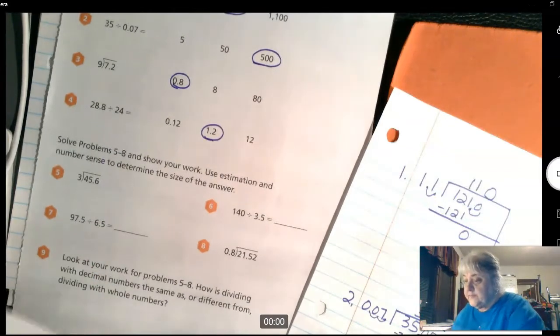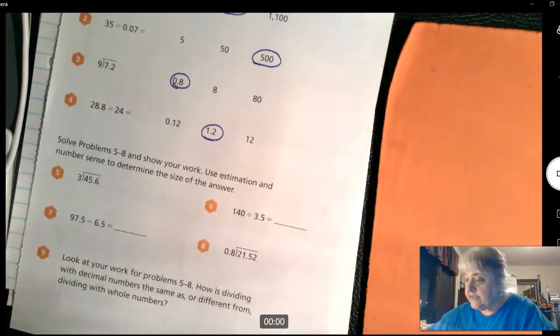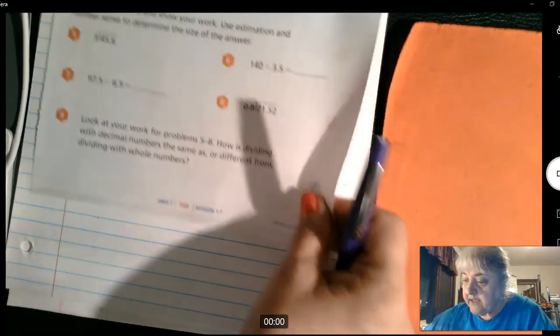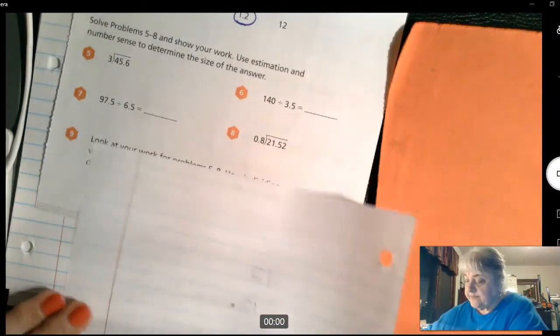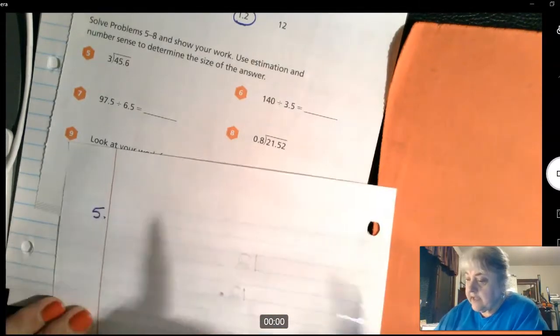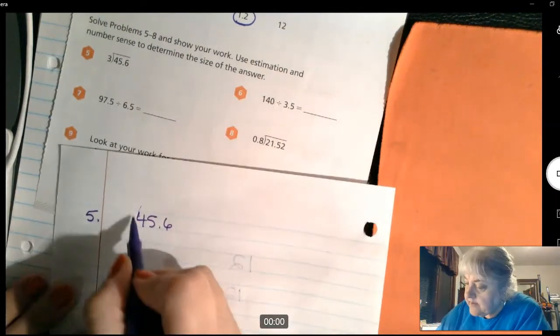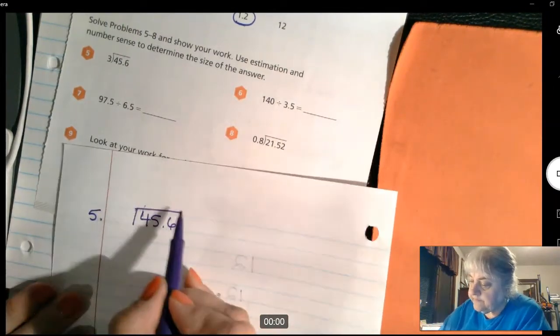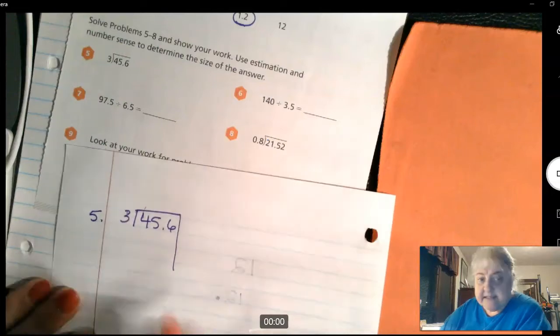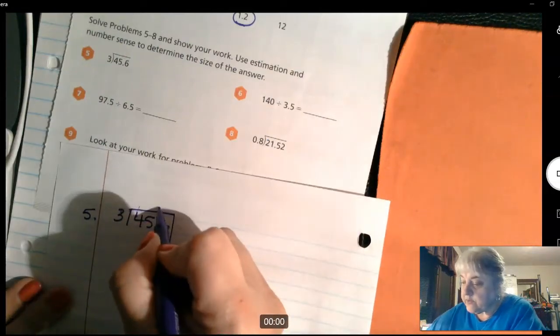Now, let's go on to problems 5 through 8 and see what we can determine on those. On problem number 5, I can see I have 45 6/10 divided by 3. The decimal point is in the house, so I'm just going to raise it up.